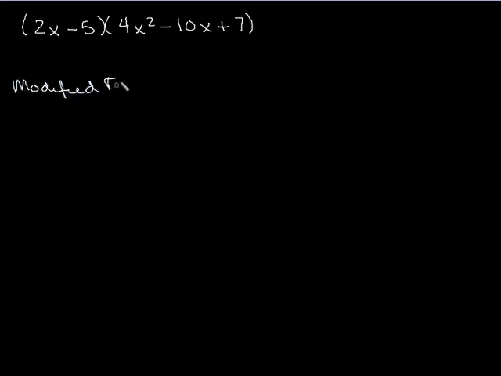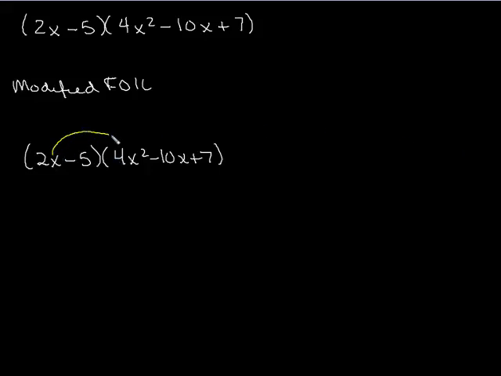We will do 2x minus 5 times 4x squared minus 10x plus 7. Okay, using the modified FOIL, I have 2x minus 5 times 4x squared minus 10x plus 7.